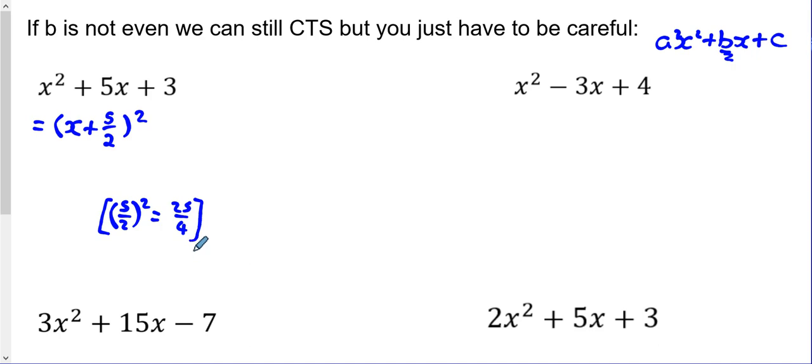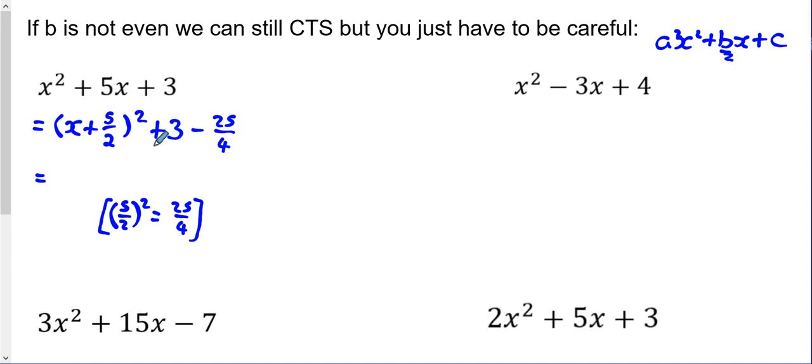Now, what might be easier now is rather than thinking how do we get from this to 3, just keep the 3 as it is, and then think, well, we've got this extra 25 over 4 now, which I don't want, so I'm actually going to get rid of that. So I'm going to take 25 over 4 off this 3. And you do that however you like.